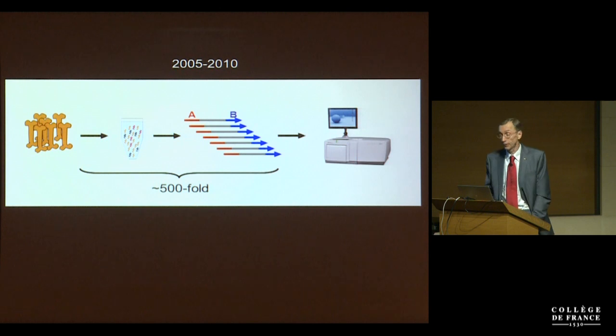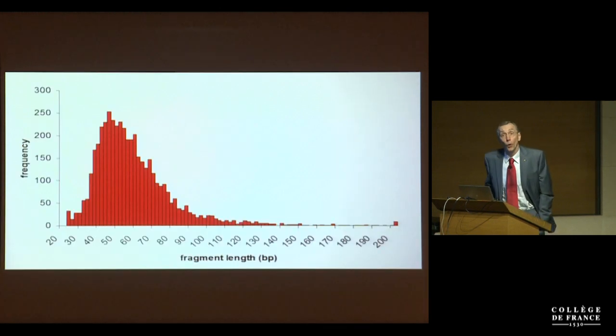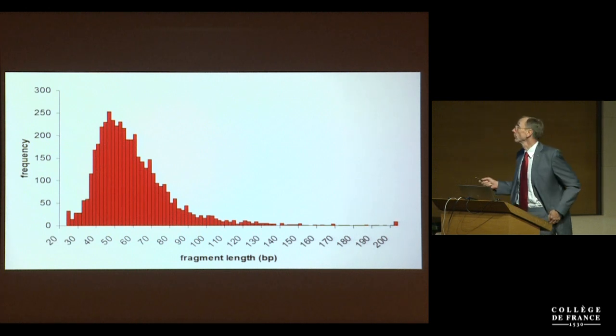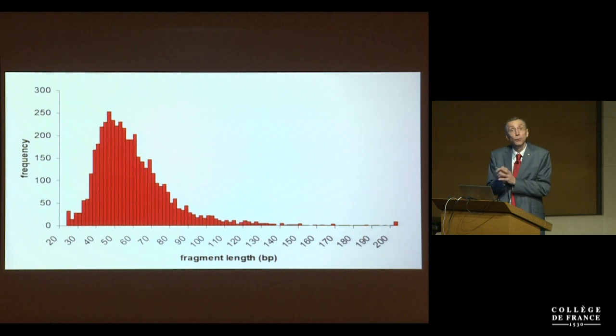So we got a lot better with that. The machines got better. And one of the things we then discovered was that the DNA that is similar to the human genome, and therefore likely to come from the Neanderthal, is indeed of very short size, 40, 50, 60 nucleotides long.